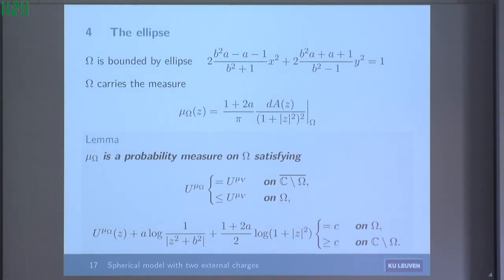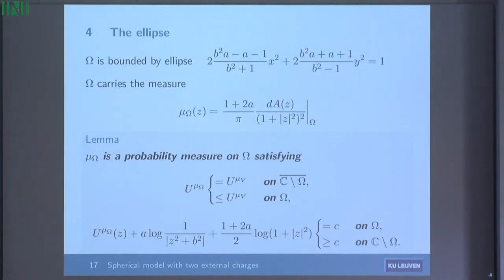And well, these properties translate, if we translate them back to the sphere by inverse stereographic projection, you get actually the equalities and inequalities that you aim for, right?